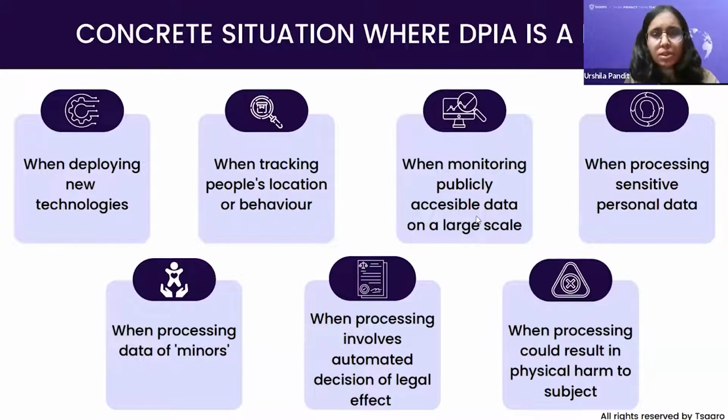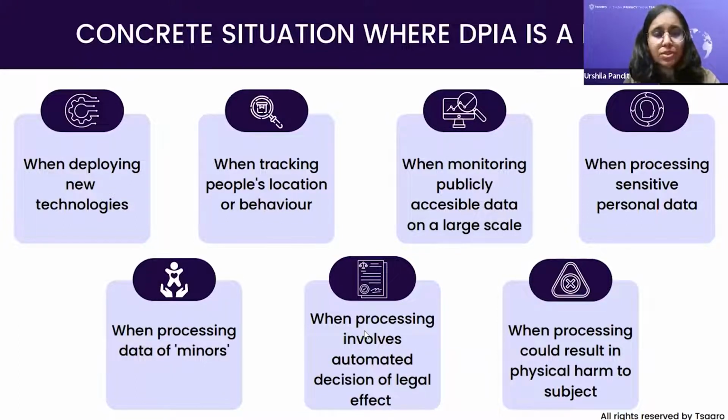Another case in which you would have to conduct a DPIA is when there's processing of sensitive personal data. And also when data of minors or children is being processed, then a DPIA has to be conducted.